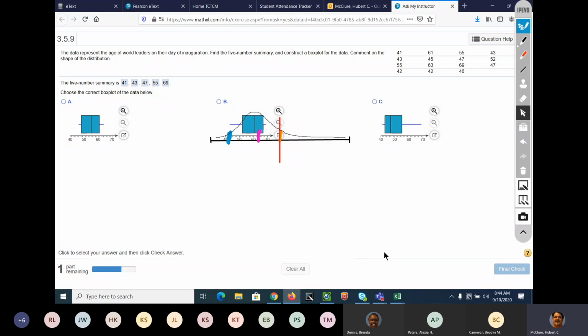So which one? First of all, it's not A. Somebody tell me why it's not A and it's not C. Mainly because they're not supposed to put arrowheads.